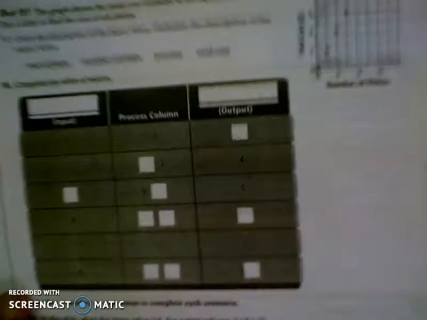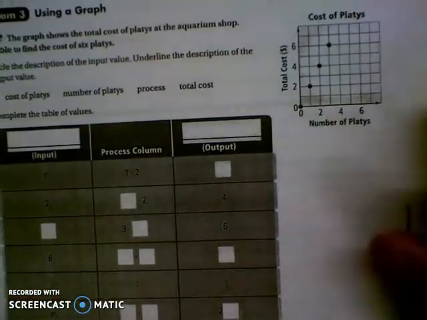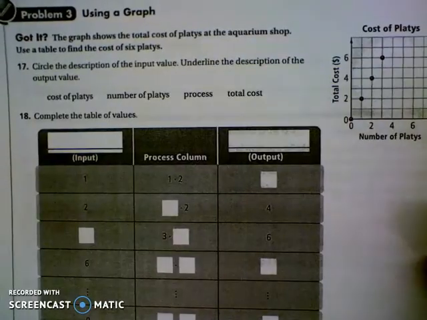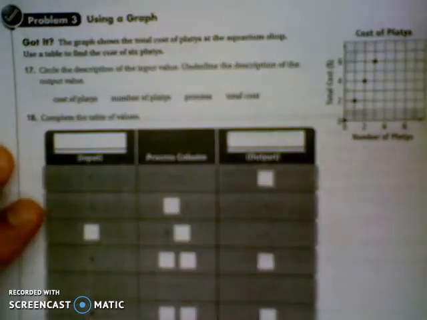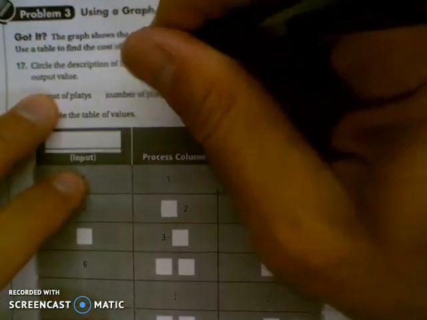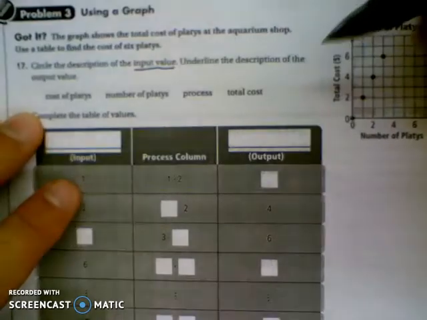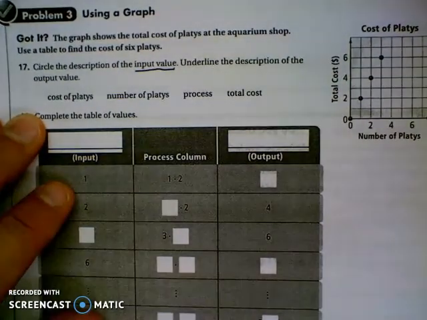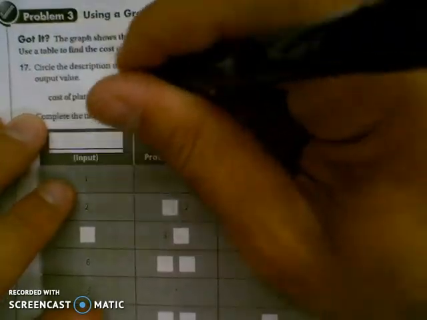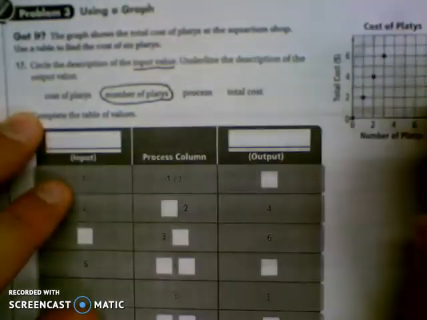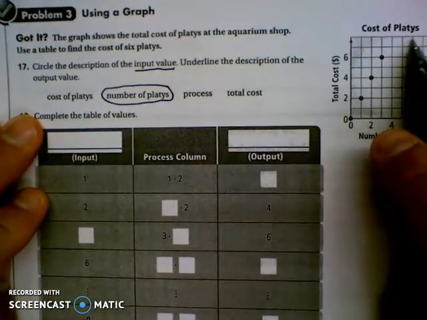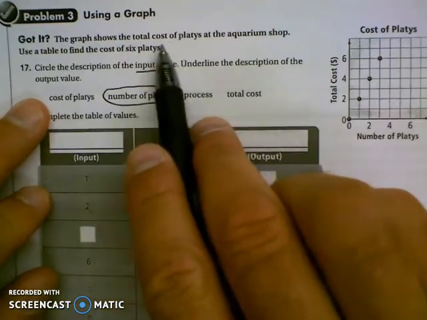Let's do using a graph. And using a graph is a little different, but it might help you see the patterns a little more. So here we go. Circle the description of the input value, underline the description of the output value. So we're going to say the number of plates, whatever that word is, I'm not sure what that is. The graph shows the cost of plates.